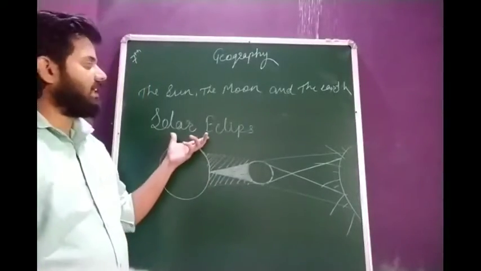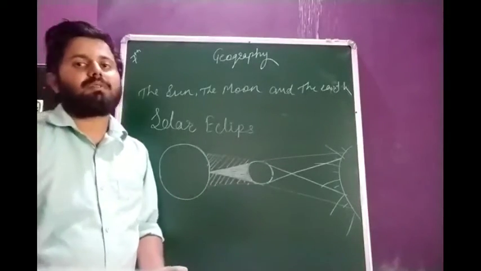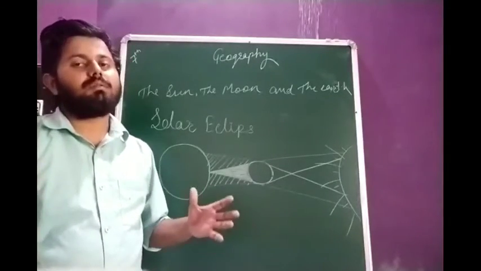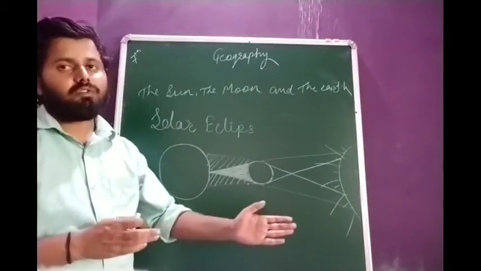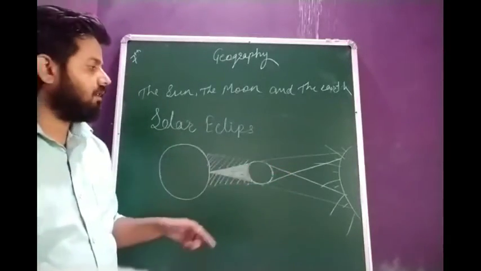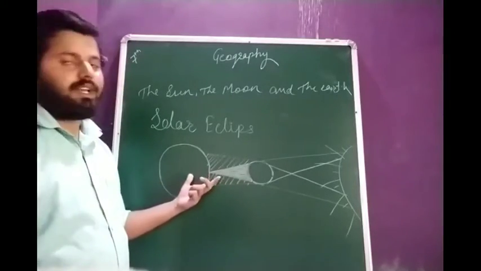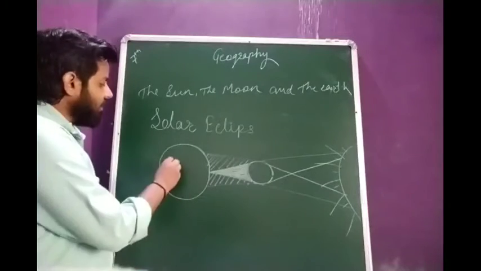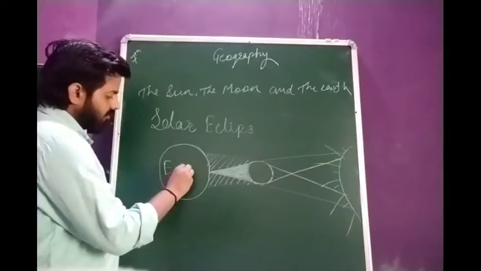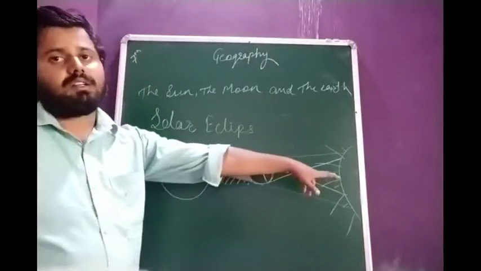So the next topic is solar eclipse. As we learned already, when the sun, moon and the earth, all three, come in the same plane in a straight line, at that time we experience solar eclipse on the earth. So you can see that is the earth, that is the moon and that is the sun.